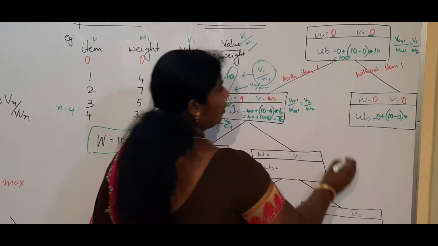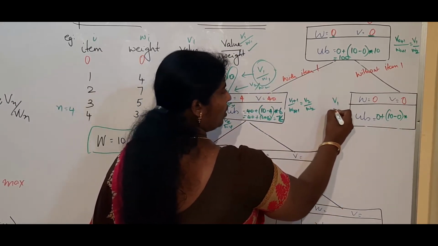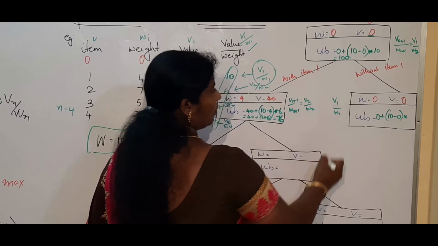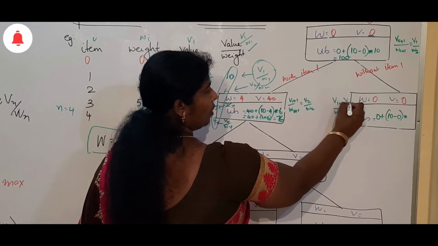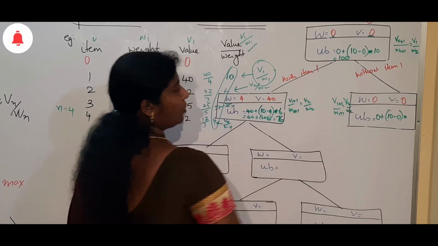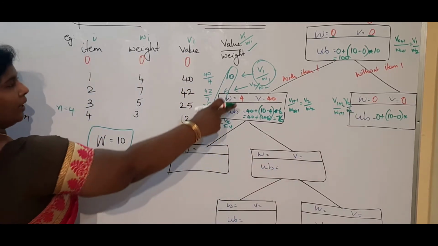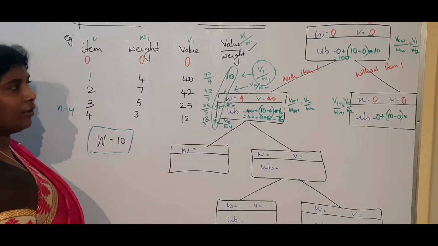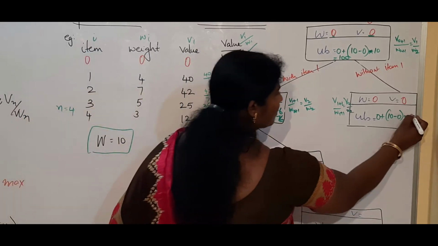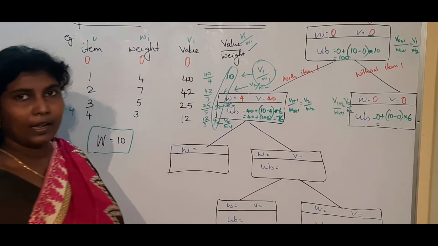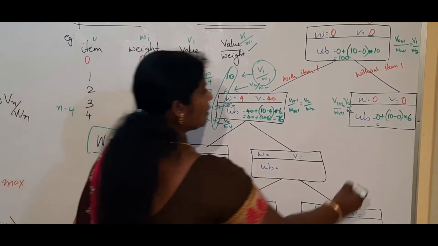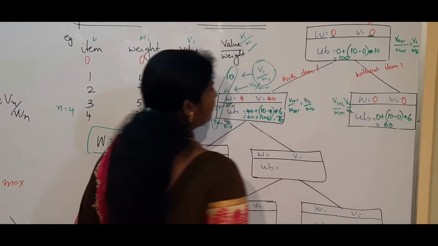Here we are in a state of V1 by W1, so the next one is going to be V2 by W2. What do we have for V2 by W2? It is 6. So 0 plus 10 into 6 will give us the value 60.